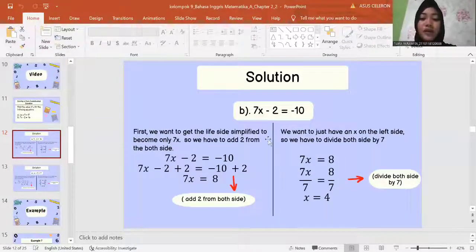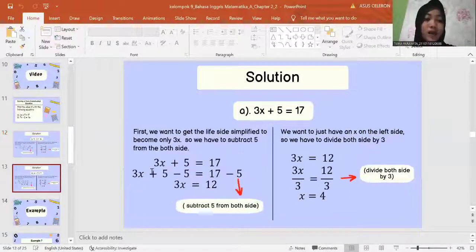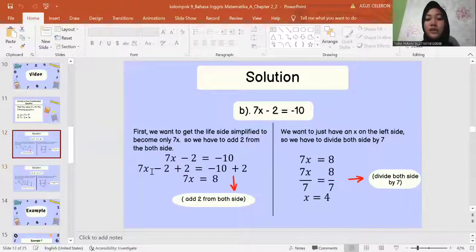Okay, we want to just have an x on the left side, so we have to divide both sides by 7. 7x divided by 7 equals minus 8 divided by 7. So equation A is x equals 4, and equation B is x equals minus 8 over 7.